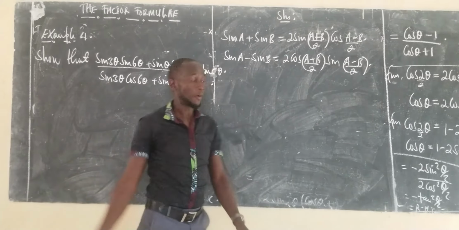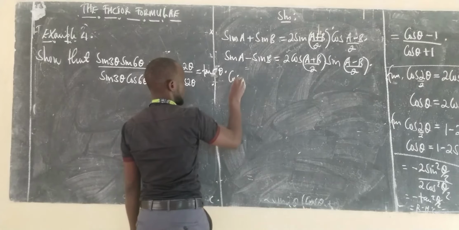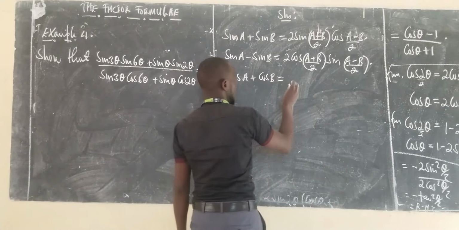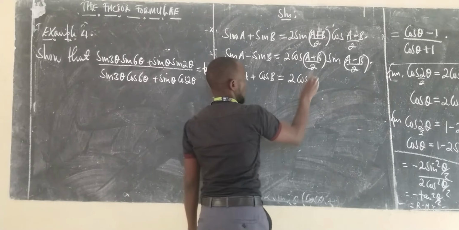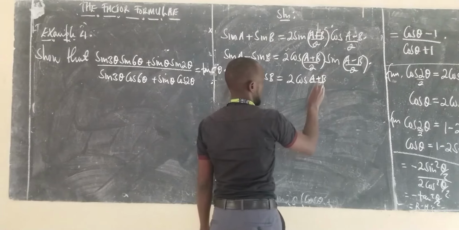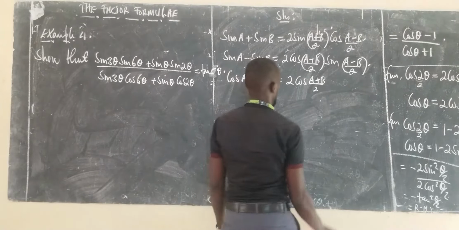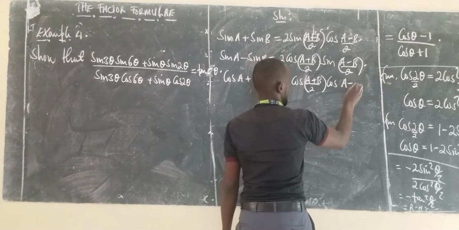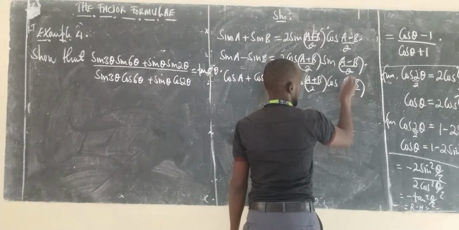You must also be aware that when we are having cos plus a cos, we normally say it is twice cos semi-sum cos semi-diff.